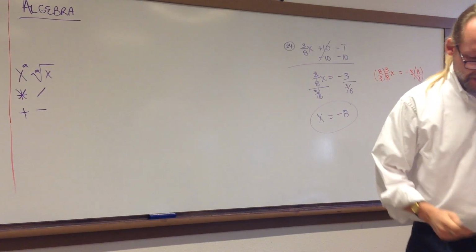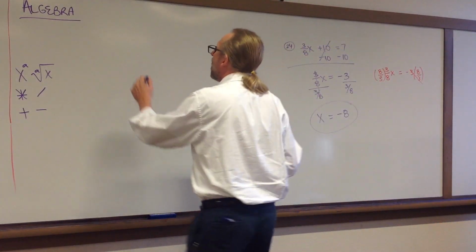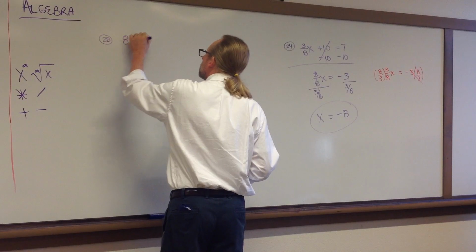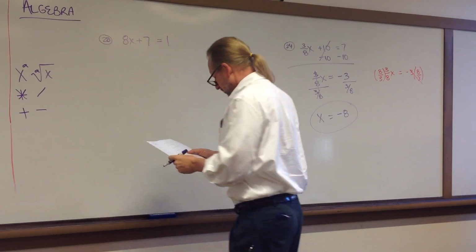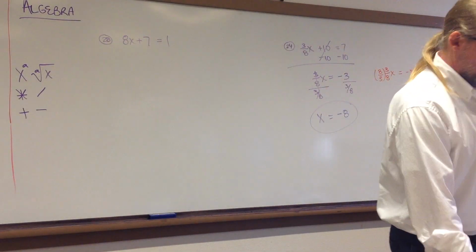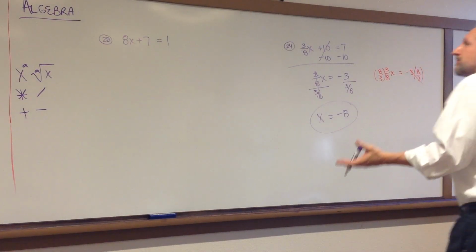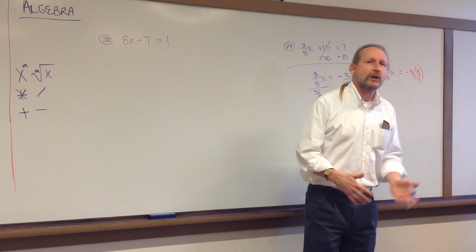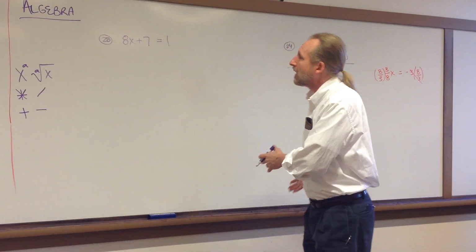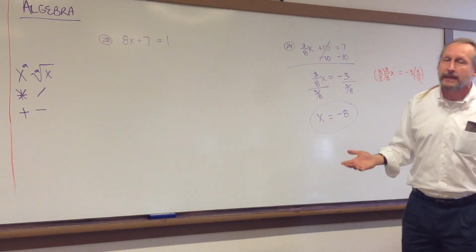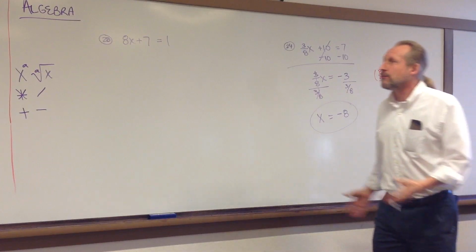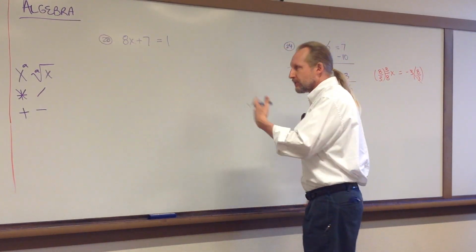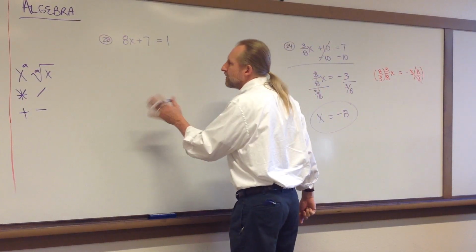Okay, problem 28. Got 8x plus 7 equal to 1. And again, this is a problem that's typical of why we use the methods of solution rather than guess and check. You can sometimes guess answers, and it is sometimes helpful. It is less helpful in a situation like this. So let's use the methods to solve it and see what we get.